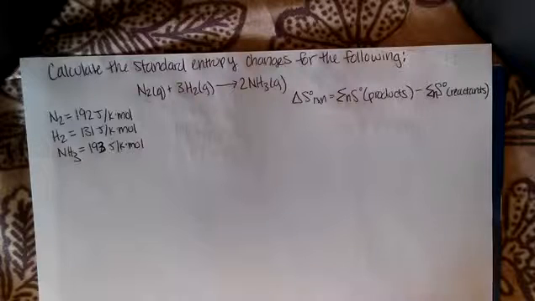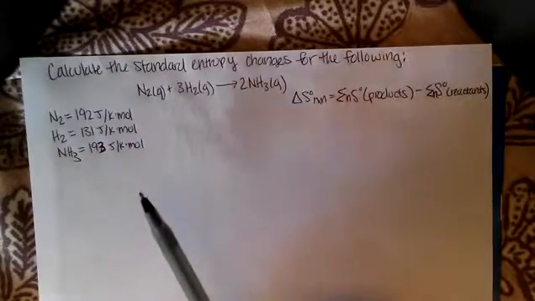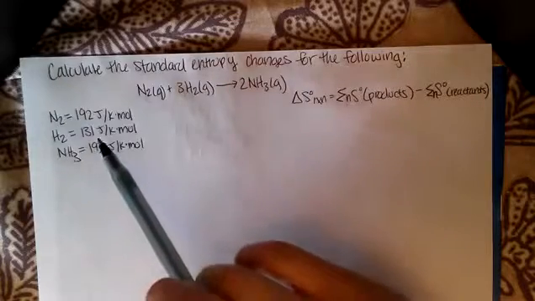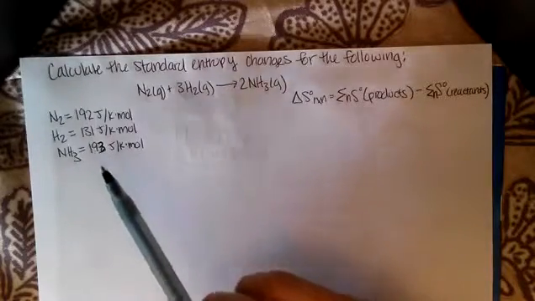So from here, you can see that I already have listed values here. These values are the standard entropy of reactants and products.